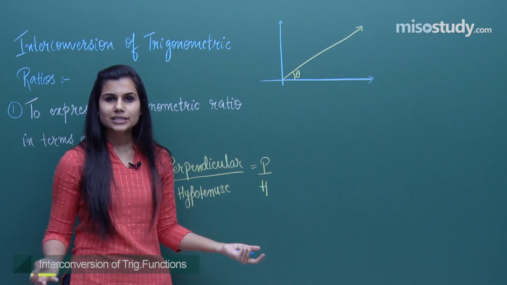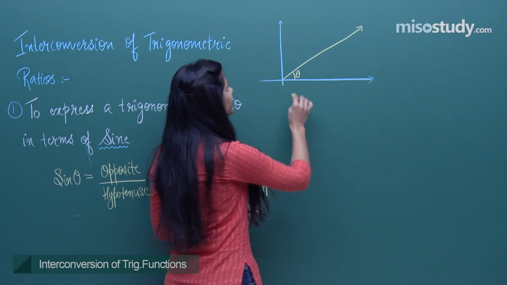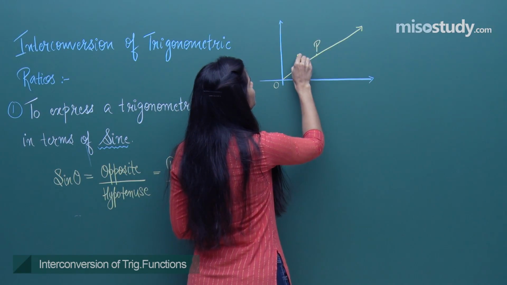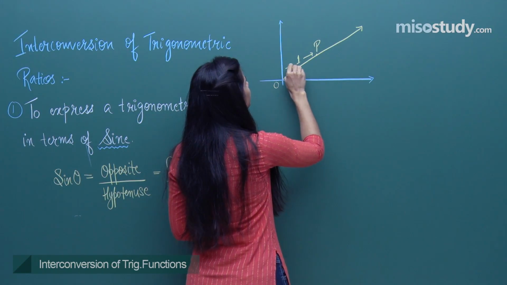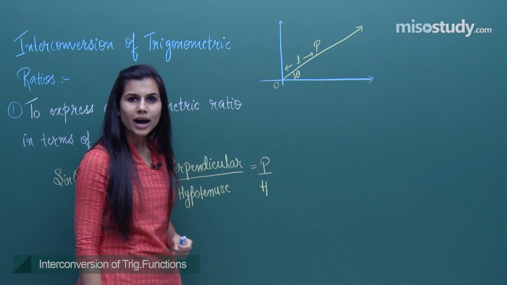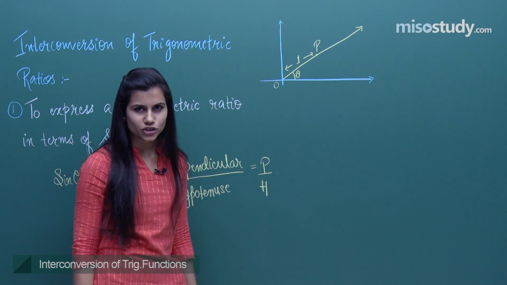So let's do that. You need to make the triangle of reference with the length OP to be 1. The moment you take your H to be 1, you get just P upon 1 in the picture.